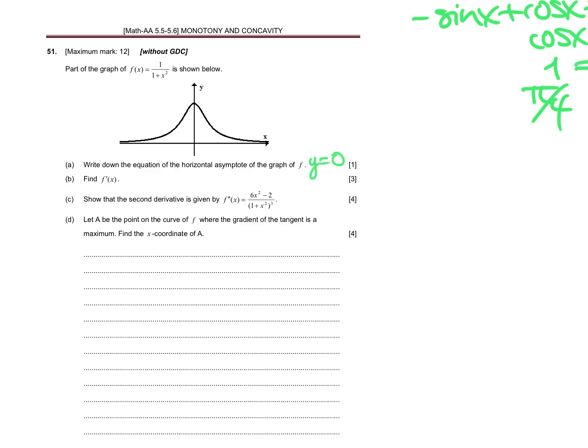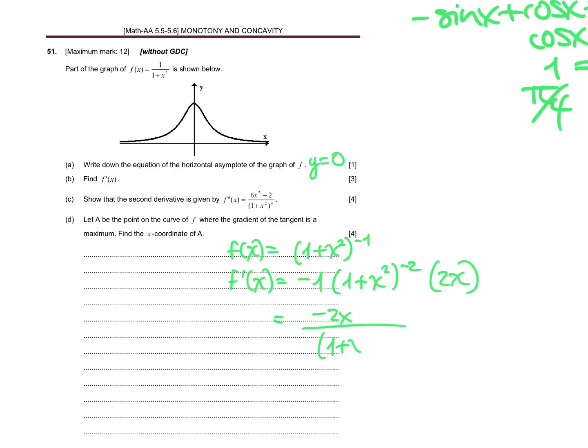Find the derivative, so we can write f of x as 1 plus x squared to the negative 1. So the derivative is negative 1 plus x squared to the negative 2 times 2x. So this is going to be negative 2x over 1 plus x squared, squared.